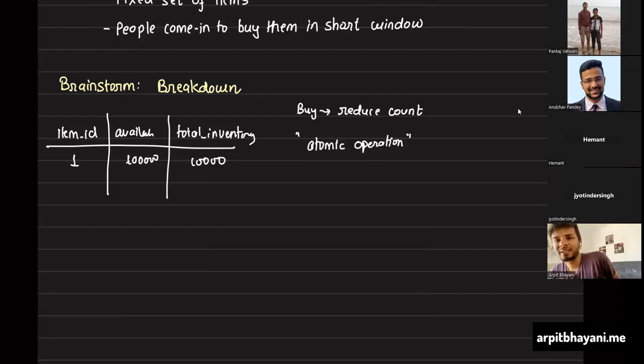When people come in, because there are only 10,000 items there, you first need to prevent accepting payments from more than 10,000 people, correct? If this is post payment, then how are you stopping from accepting more than 10,000 payments, right?